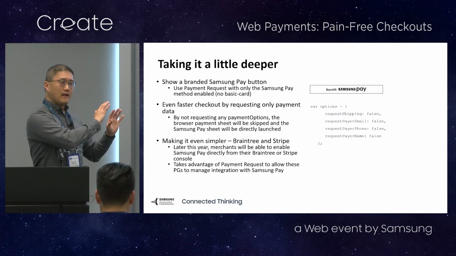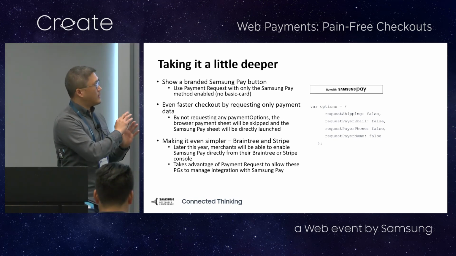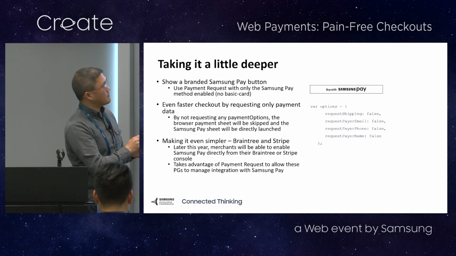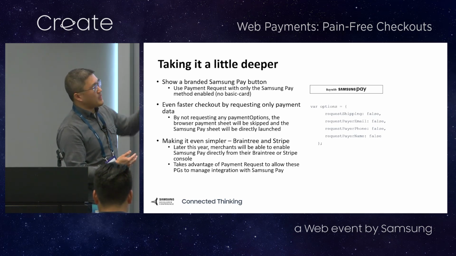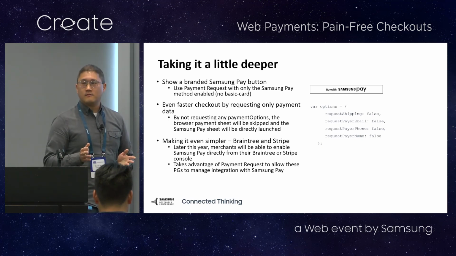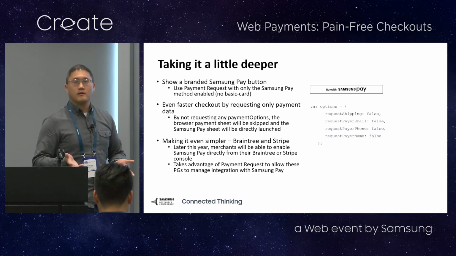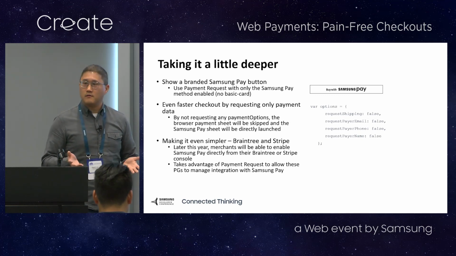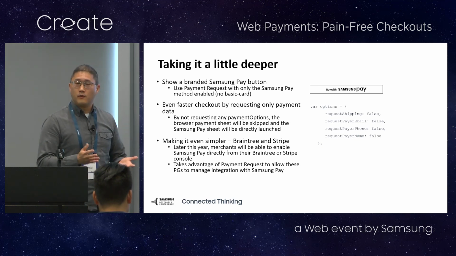When you combine having a single payment method defined and these payment options set to false, upon click of that button, you will go directly to the Samsung Pay payment sheet, authenticate, and you're done. At the end of the day, these are just options and tools for you to use. You know your customers the best. You know your checkout flow the best. You can find basically the optimal solution for your website.